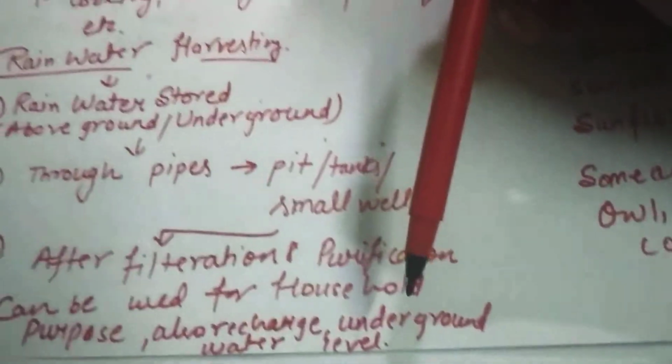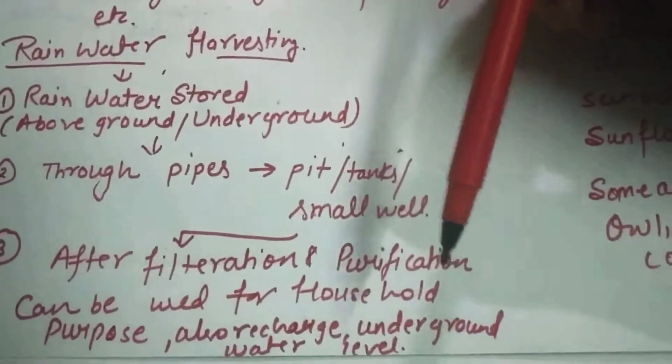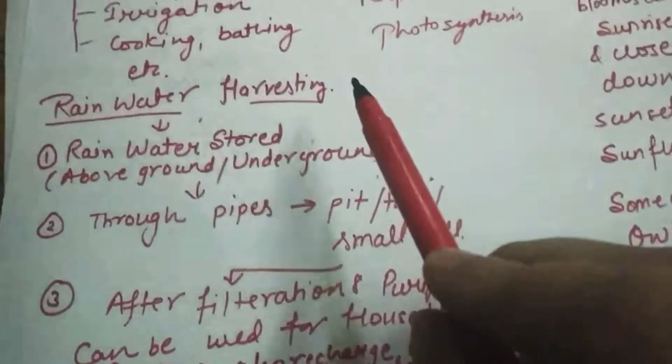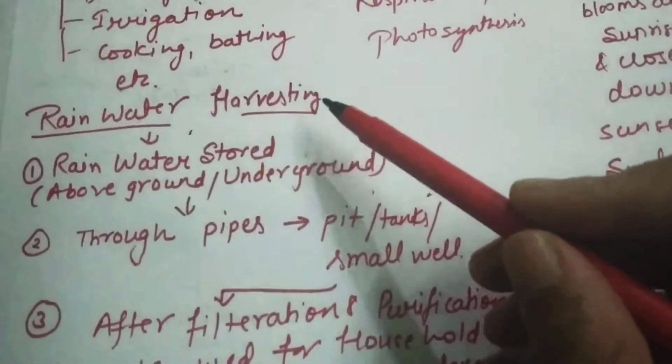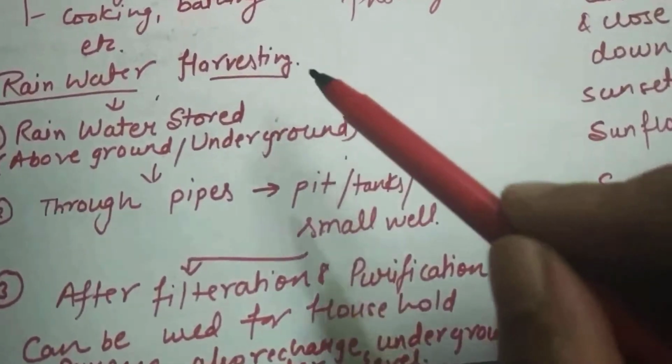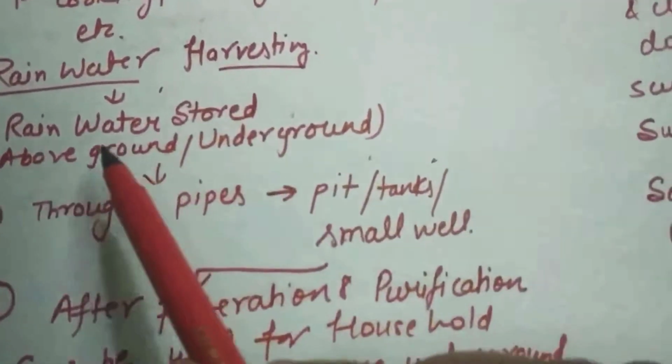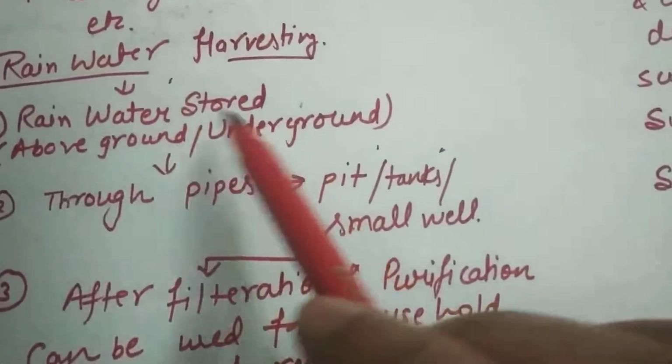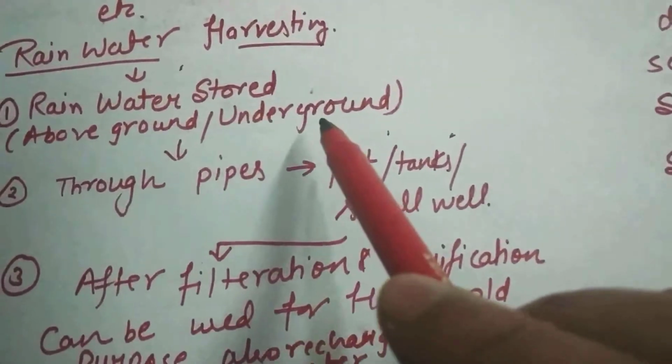Okay, so I am explaining it once again. Rainwater harvesting is a process to reuse the rainwater. How does it happen? Firstly, the rainwater is stored above the ground or under the ground.